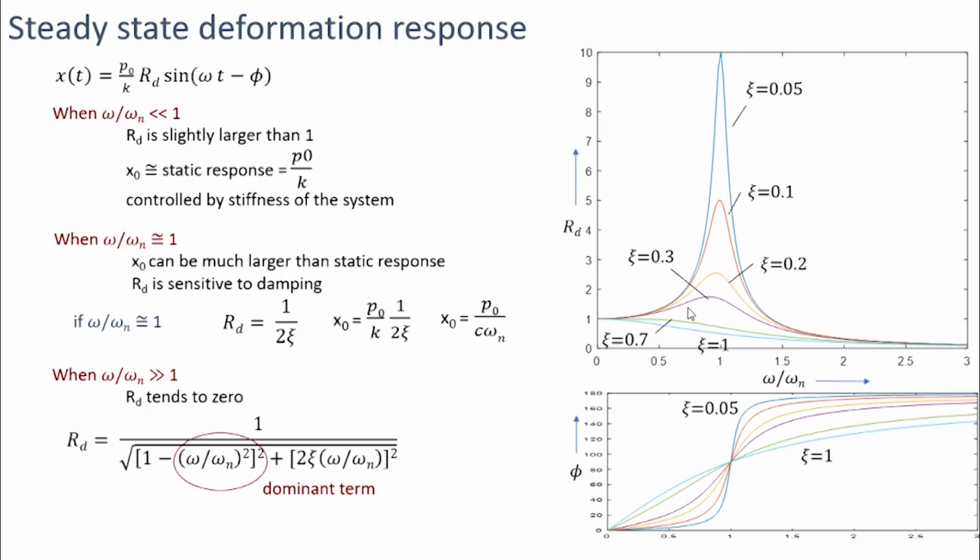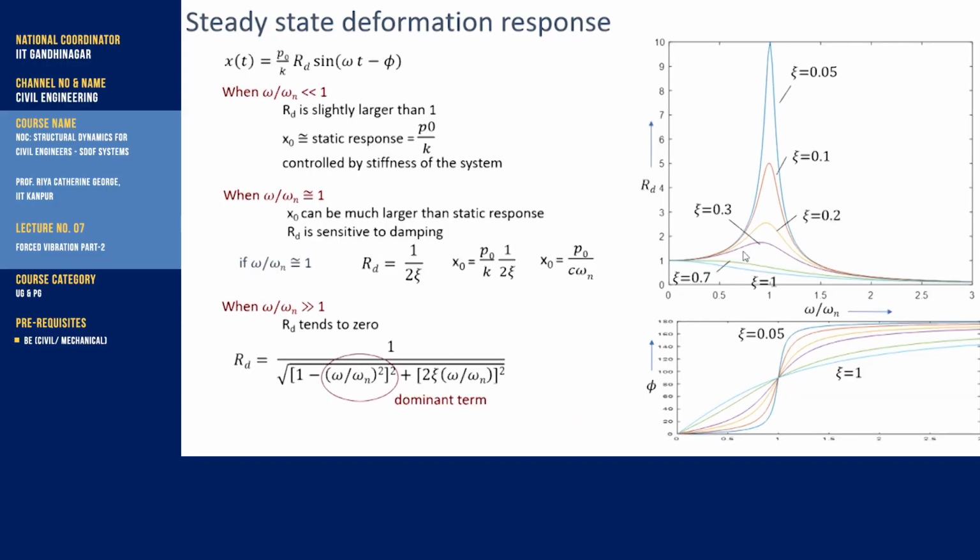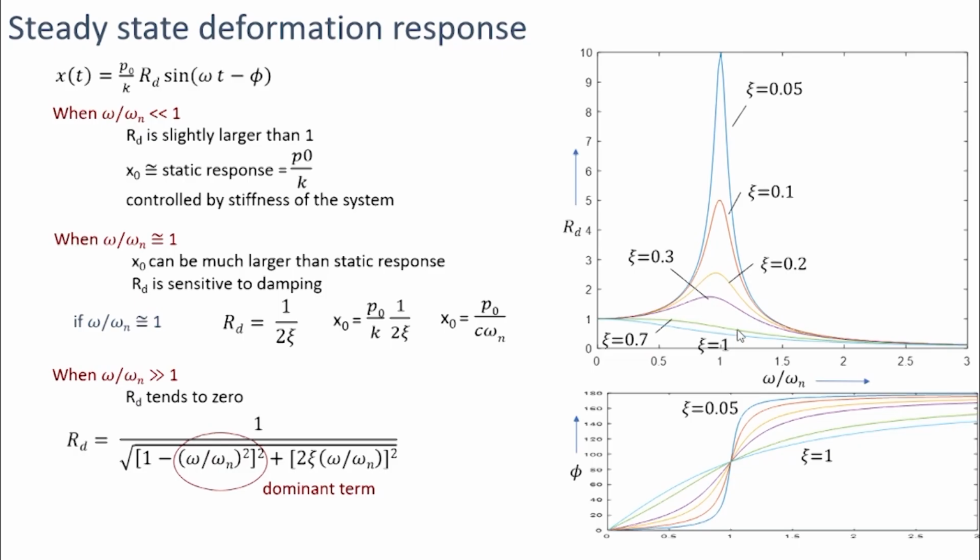So if we want to design a structure to resist a harmonic force, how will we design that structure? What should be its natural frequency? As we can see from these curves, when the natural frequency of the system is close to its forcing frequency, the amplitude of the steady state response is much higher than the static response.